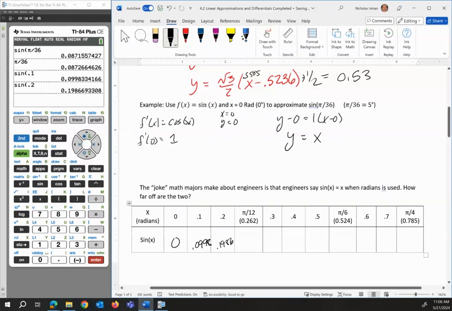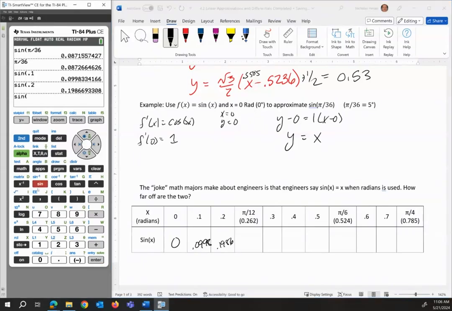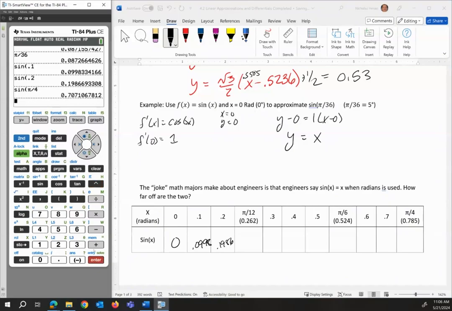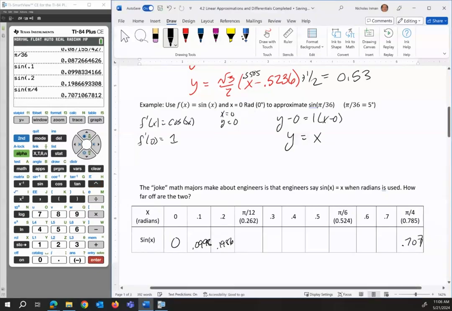Okay, once you get up to a little bit larger of your answers here, so for instance, sine of pi over 4, so 0.7, now we're starting to get a pretty decent separation of these two things. But at the beginning, sine of x is really, really close to x for a lot of things.